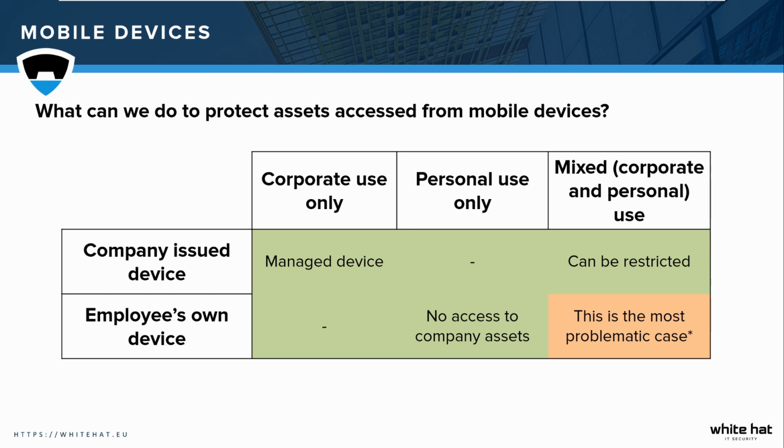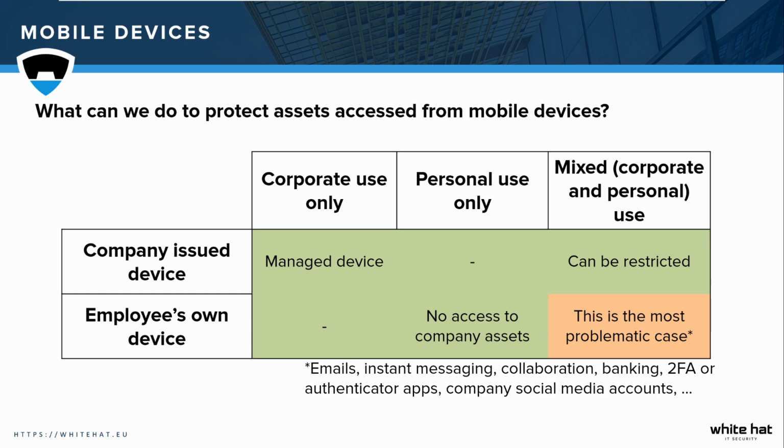Those are used for corporate emails, instant messaging, collaboration, banking, 2-factor authentication or authenticator apps, company social media accounts, and the list goes on. Of course, we could prohibit employees from accessing any company resource from their own smartphones, but let's face it, almost no one is willing to do that because productivity.